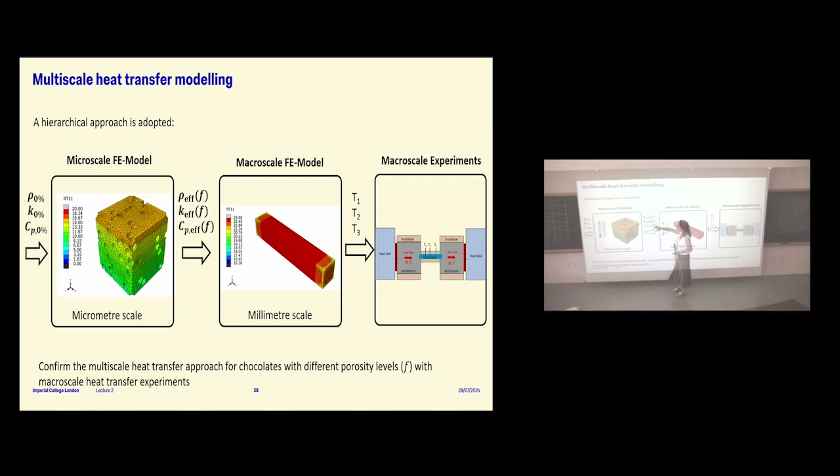We predict what the conductivity and the specific heat capacity will be, the effective one, the continuum. We put it inside the macroscale tests, which are just the bars, and we compare them to the experiment. So basically, this is to check whether this microscopical model will give me good predictions for what the effective thermal properties are for the macroscale.